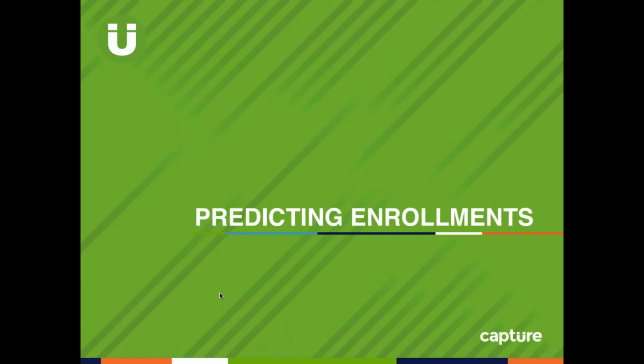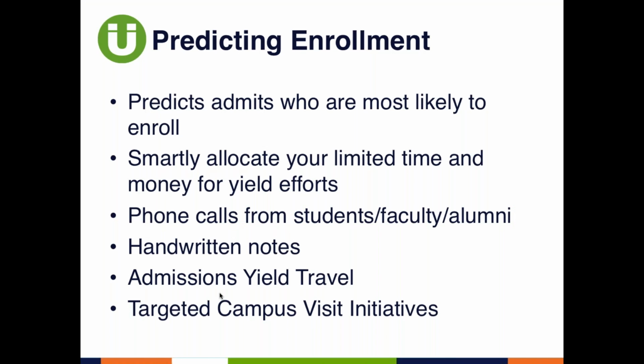So, if there are any other questions about predicting applicants, I'd be happy to address those. But otherwise, let's talk about predicting enrollments. The way that we predict enrollments, in order to make the most accurate group level prediction we can, is predicting who's most likely to enroll out of your admitted pool. From there, you can allocate your limited time and money on yield efforts, things like phone calls from students, faculty, alumni.